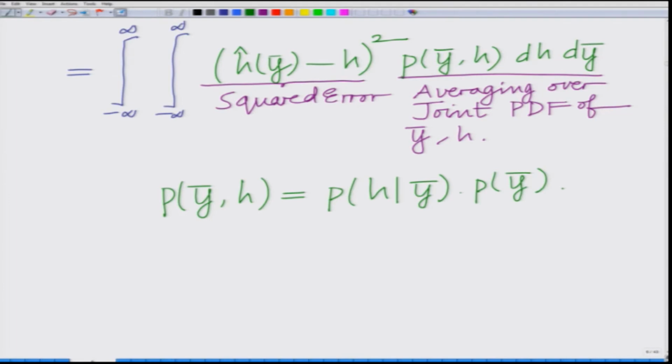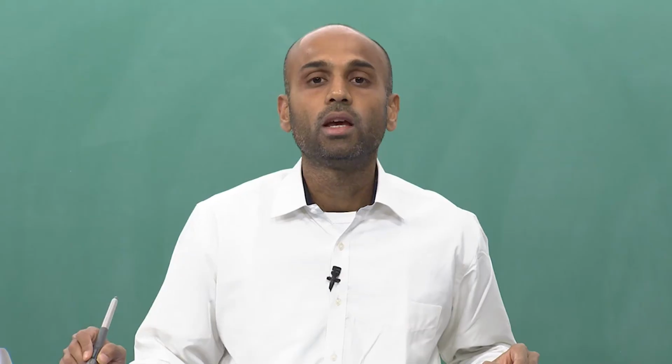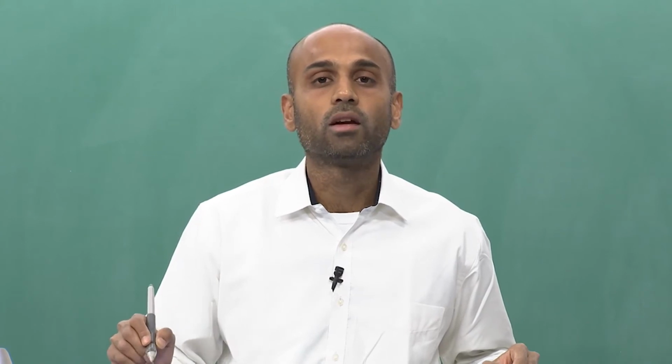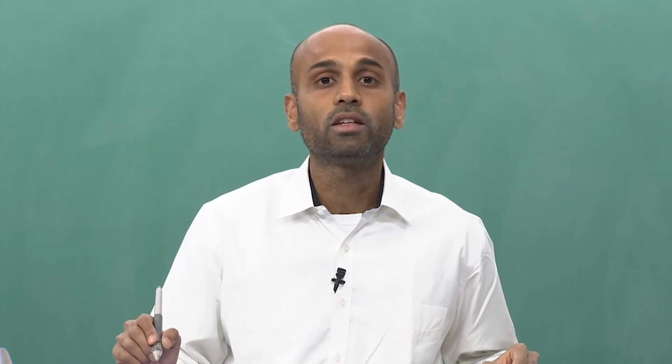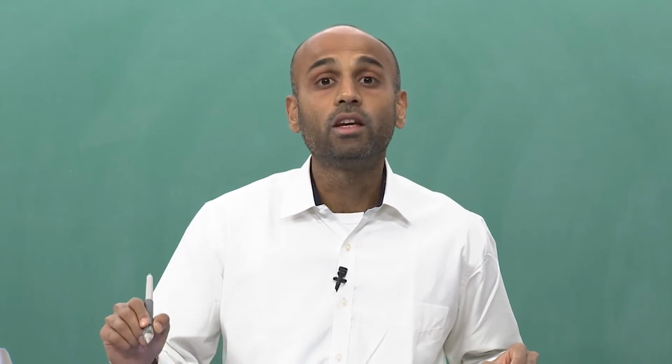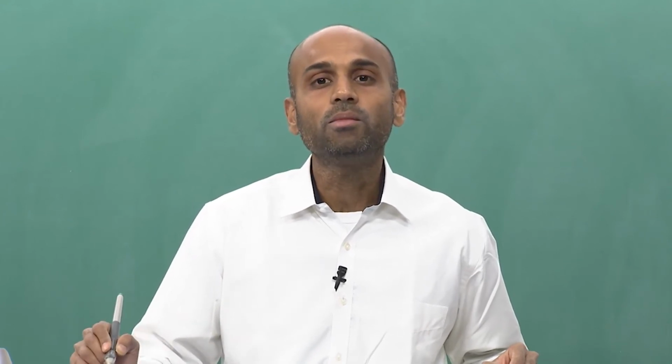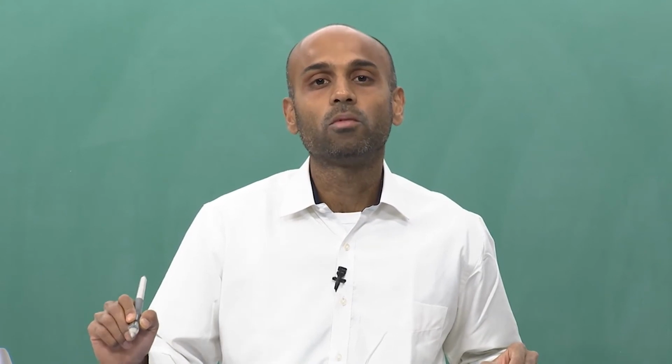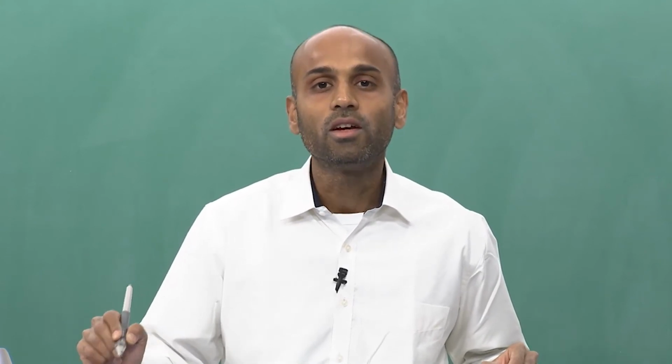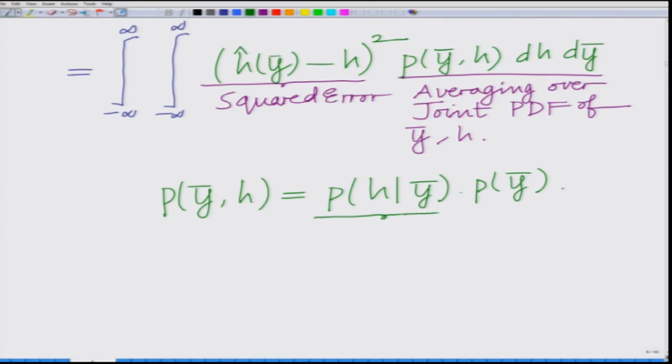That is, the joint probability density function can be expressed as the conditional probability density function of the parameter h given the observation vector y bar, times P of y bar, the marginal probability density function of the observation vector y bar. This is an important quantity, P of h given y bar. This is also the posterior, or the a posteriori, probability density function.